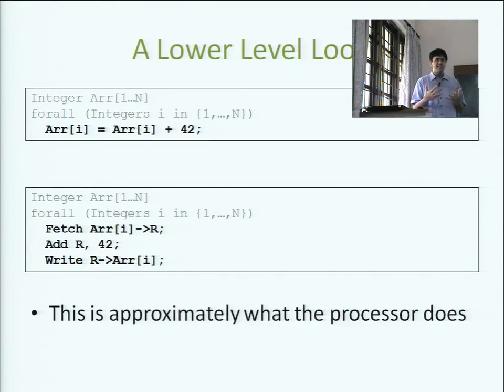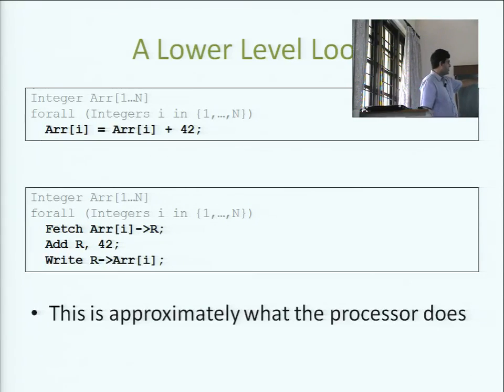So what does it actually look like? I guess the people who've studied some architecture will know what a CPU would actually do to execute this. So you have an array, you want to read each element, and you want to add 42 to it and then write it back. The CPU is not going to understand at that level, right? So you need to translate it to machine code or something that the CPU understands.